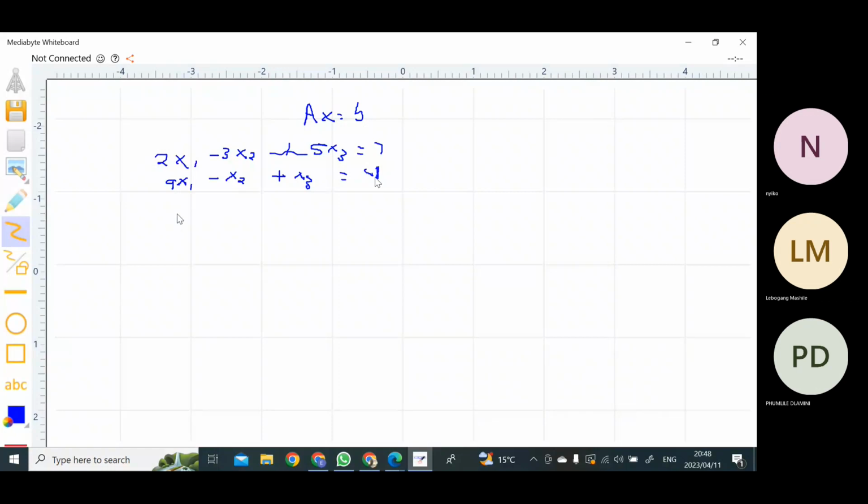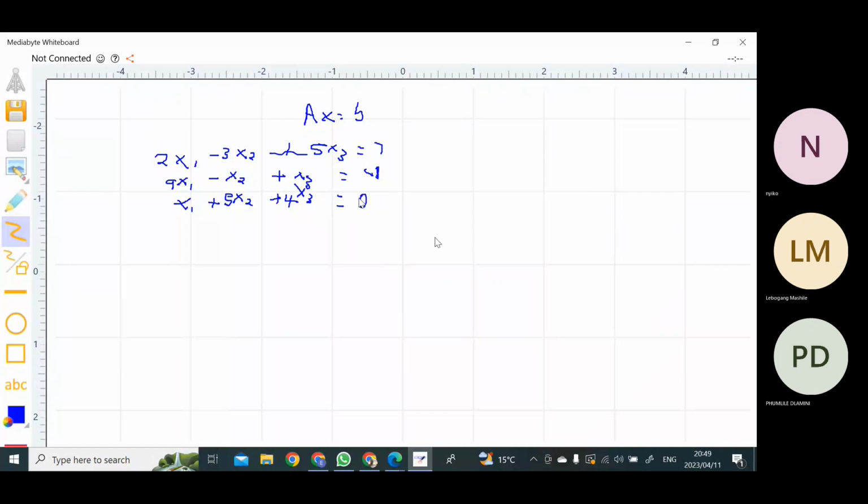And then the other one is x1 plus 5x2 plus 4x3 equals 0.